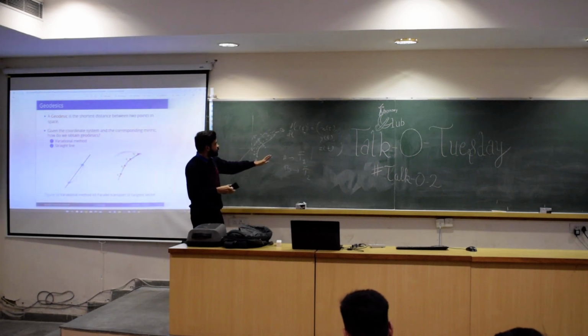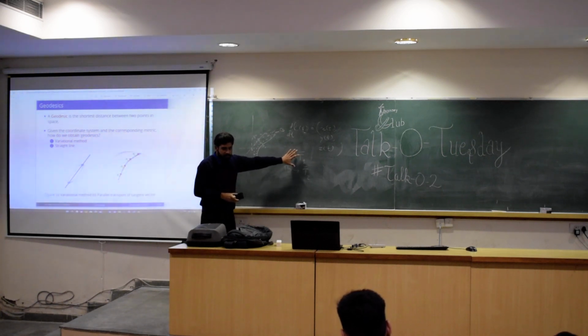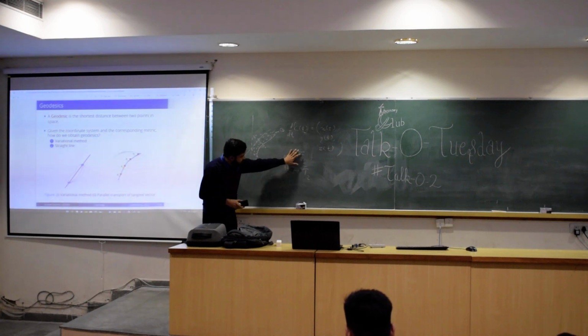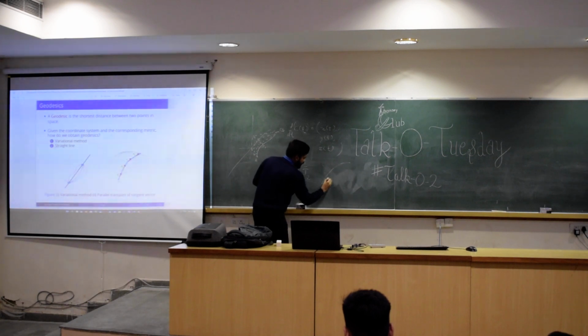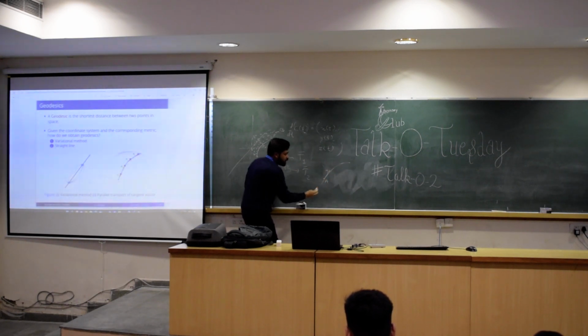So what we do now is take this tangent vector and move it along itself. Basically, we have this point A, we have constructed this tangent vector T1, and we parallel transported this tangent vector along its direction.